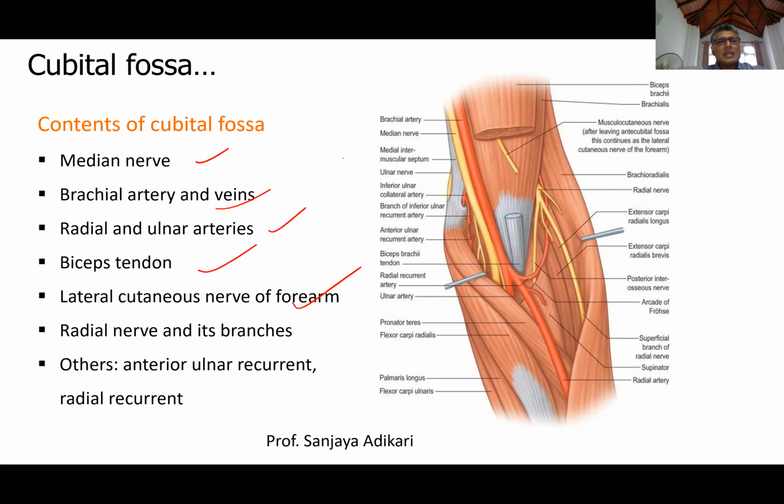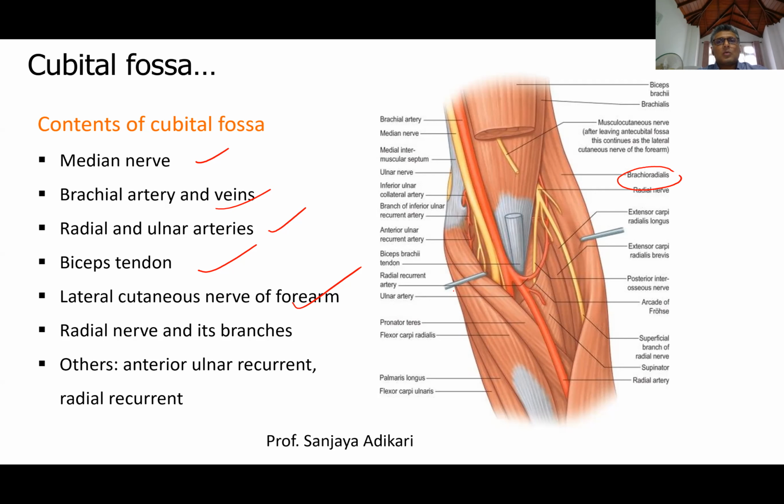Then the radial nerve, even though it lies slightly under cover of brachioradialis, the moment you lift the brachioradialis you can see the nerve. So from a clinical point of view, it's okay to add it, even though it's not exactly inside the cubital fossa, it's slightly outside the lateral margin. So you can add the radial nerve and its superficial and deep branches.